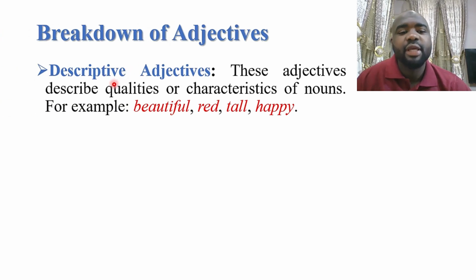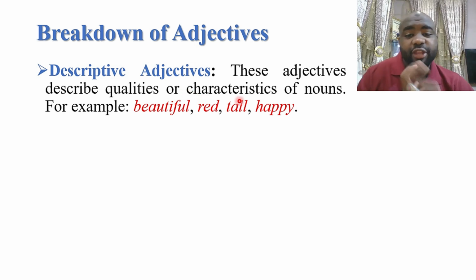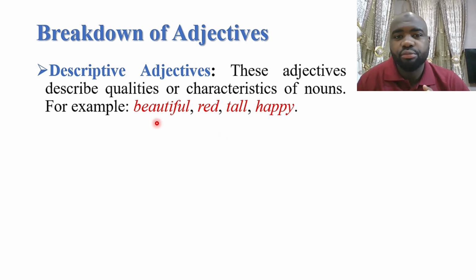The first on the list is descriptive adjectives. These adjectives describe qualities or characteristics of nouns. For example, beautiful, red, tall, happy.